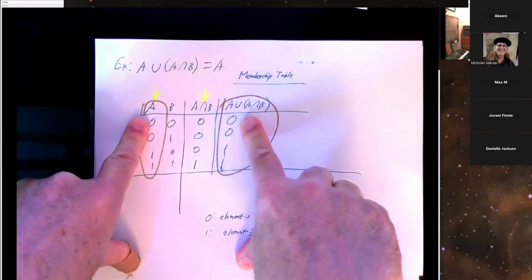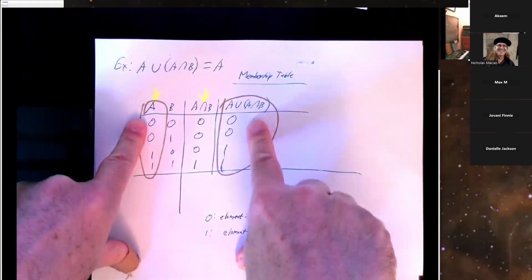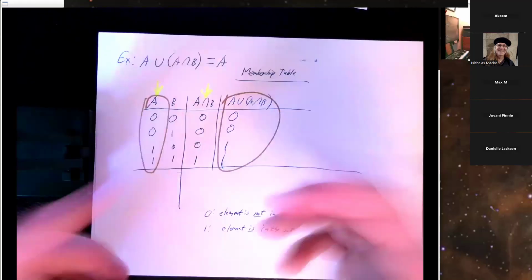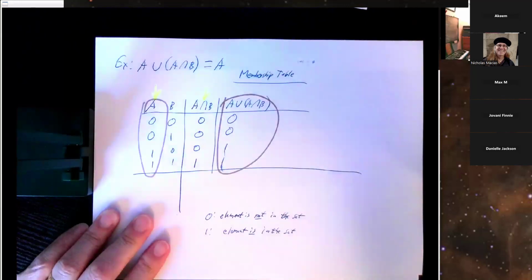And that's our definition of saying this set and that set are the same. So that proves that this is equal to that.